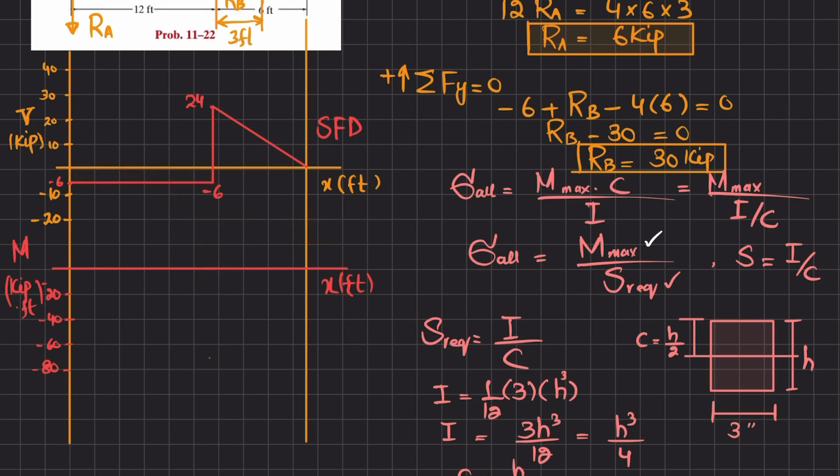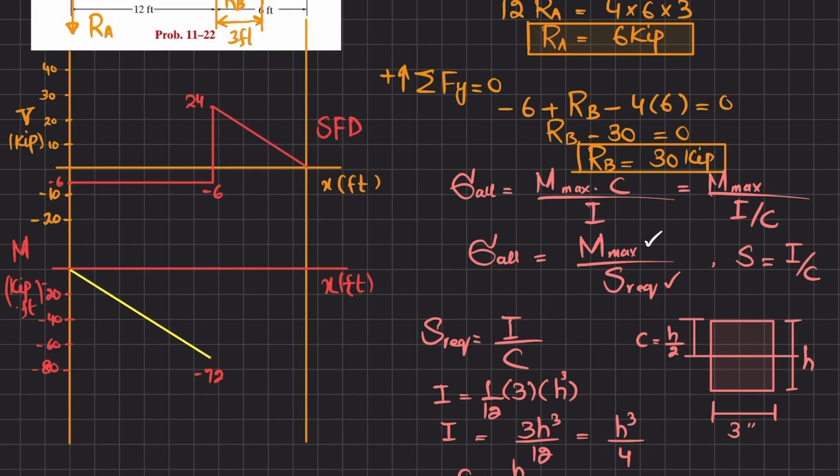So minus 72 will be somewhere here, kips into feet. Now you can see that the shear force is a horizontal line with 0 degree and this is negative area. So the bending moment will be 1 degree higher and the slope will be decreasing. So we will join them using a straight line. So this will be our first.